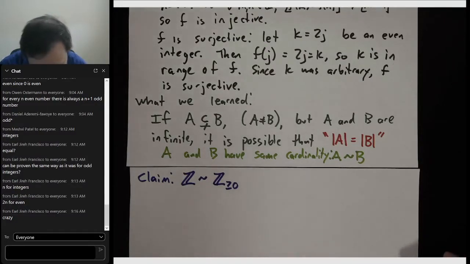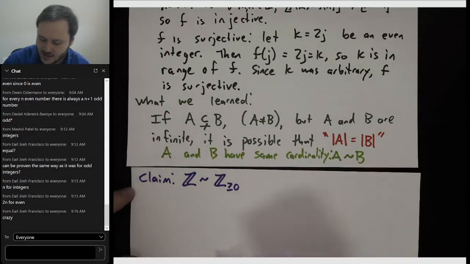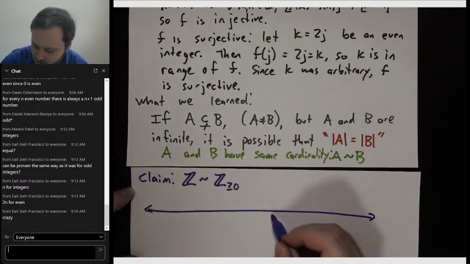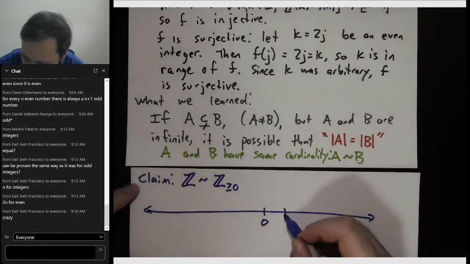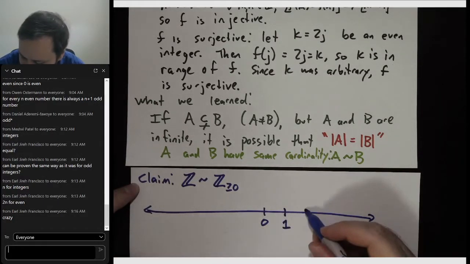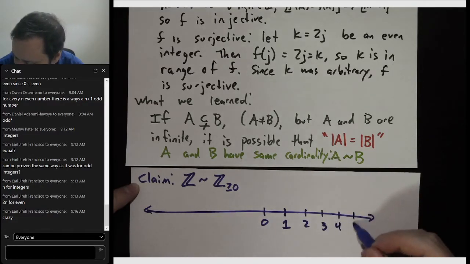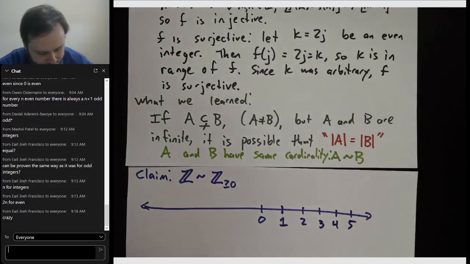Again, does not make sense for finite sets. This is a strict subset of this. What I'm doing is I'm claiming if I look at a number line and I start at 0, and I'm just looking at the positive integers, the non-negative integers, I can line these up 1 to 1 with all of the integers, including the negative ones.